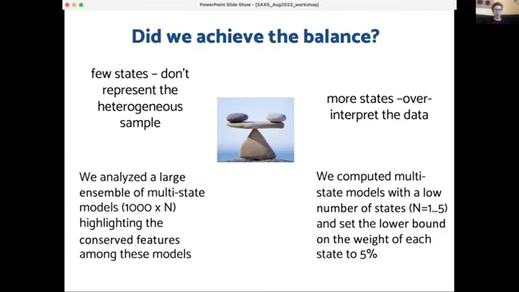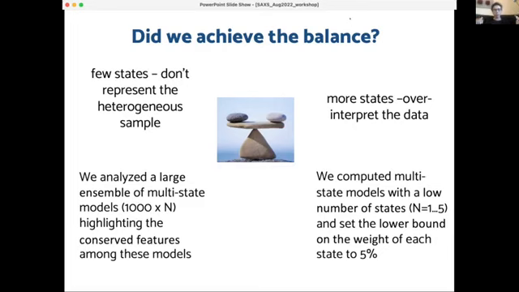But on the other hand, we don't want to look at a single multi-state model. Remember, our process of generation of multi-state models usually goes by at least 1,000. So we can start with 1,000 single-state models, and we generate 1,000 two-state models and 1,000 three-state models, and so on. So if you look at the n-state models, we will usually have 1,000 of them.